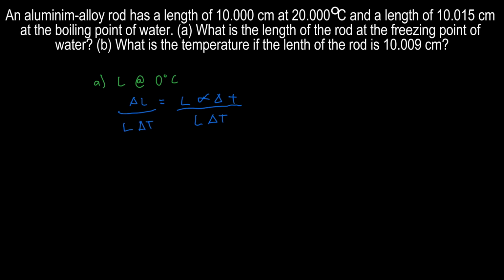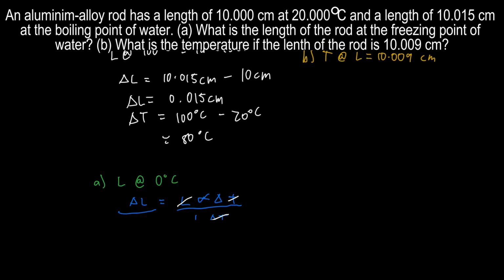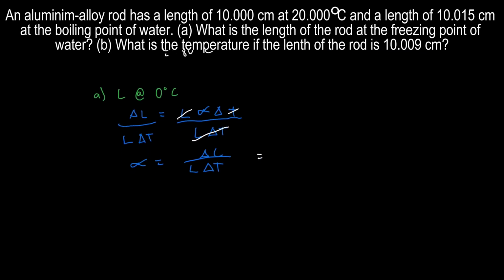So let's cancel this here. So we have a formula now for alpha. Alpha is equal to change in L over L times change in T. So by plugging the given, change in L is equal to 0.015 centimeters.